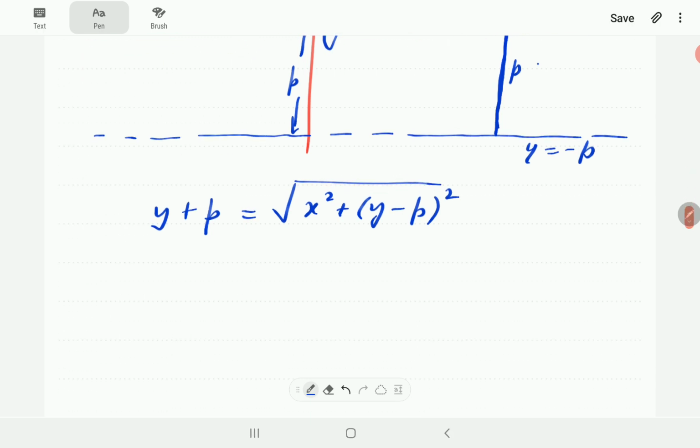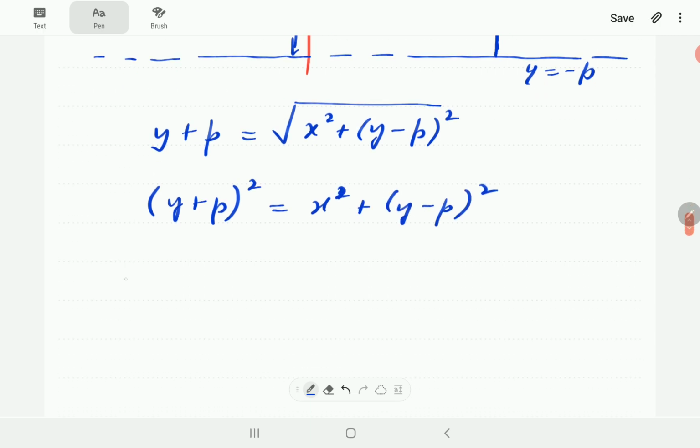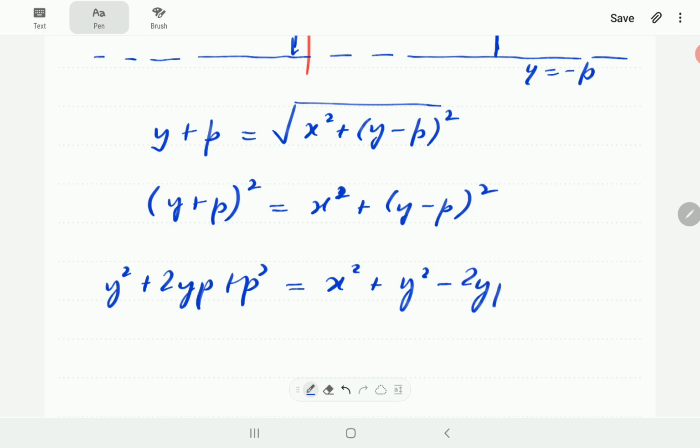If we square both sides, this side is going to be y squared plus 2yp plus p squared. On this side we've got x squared plus y squared minus 2yp plus p squared.